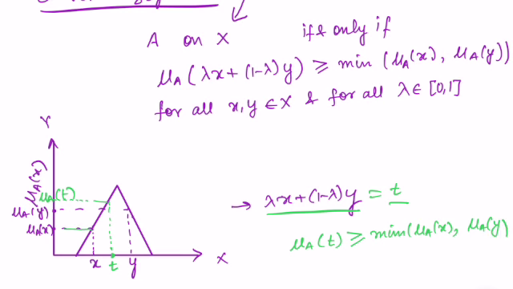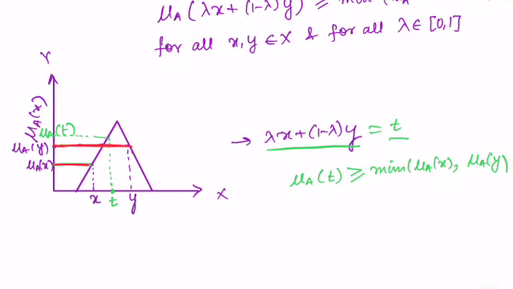This is the membership grade of X, this is the membership grade of Y, and the green line represents the membership grade of T. So this one is always greater than the minimum of the membership grades of these two. So we saw that this is a convex fuzzy set.